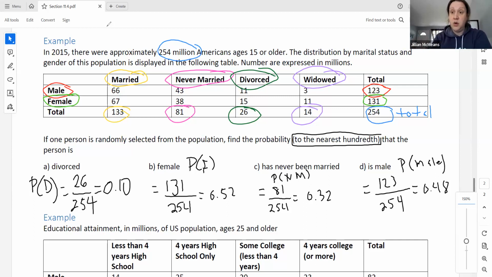The bottom right-hand corner, that's the total for everything. And then you look for specific values in the table and put them over that number. Okay. Later in this chapter, we'll look at different types of probabilities and you approach a table like this very differently. But for this one, we're just looking at the occurrences of a particular event over the total number of occurrences observed. Okay, so let's go back to the whiteboard.